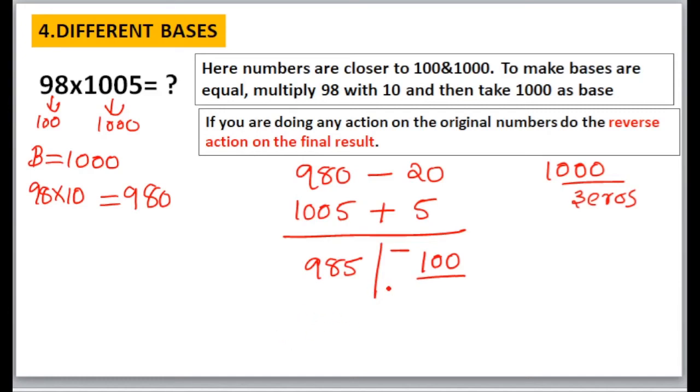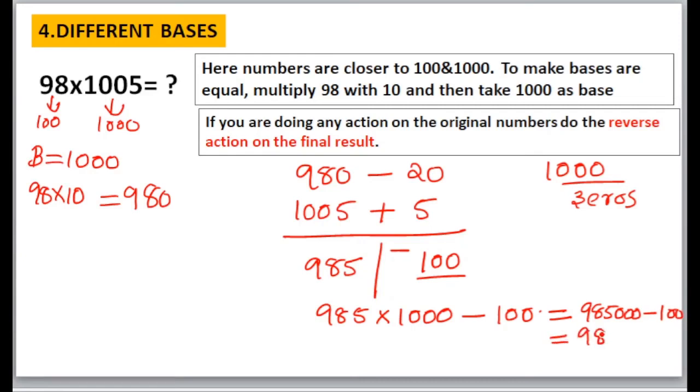Here the RHS has a negative term, so you will multiply 985 with the base 1000, then subtract your RHS from it. So your answer will be 985,000 minus 100, that is 984,900.